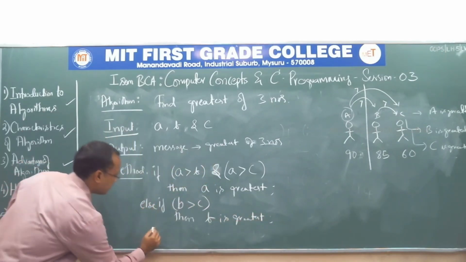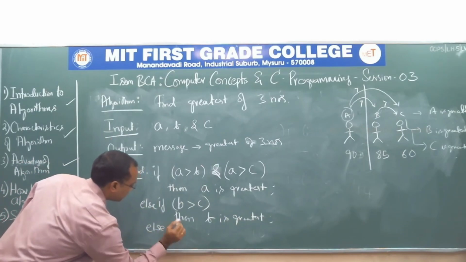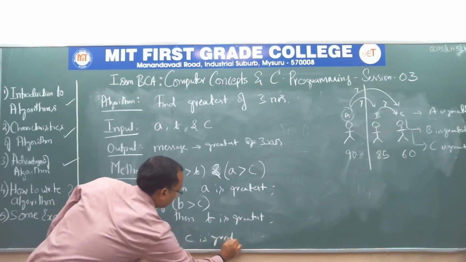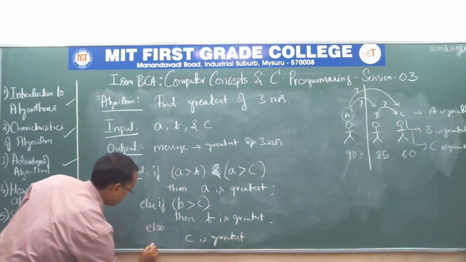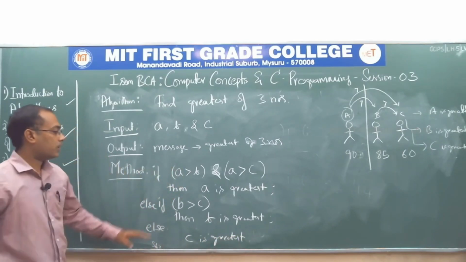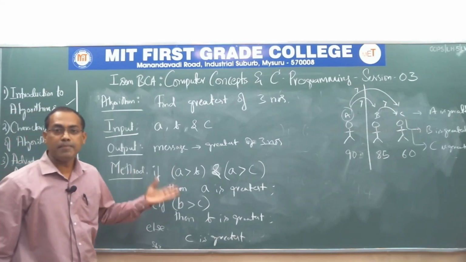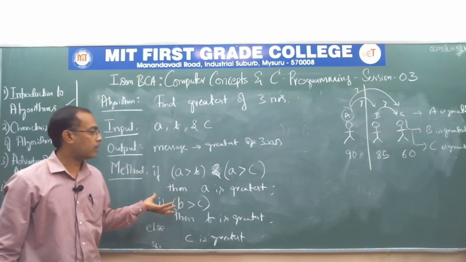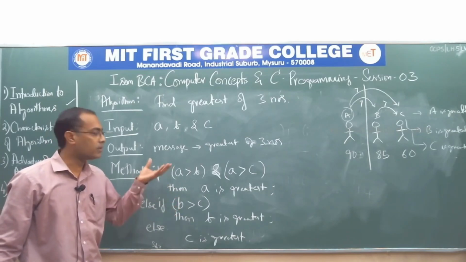If this also fails, then else C is greatest. Stop. So these are the simple steps to check the greatest among 3 numbers.